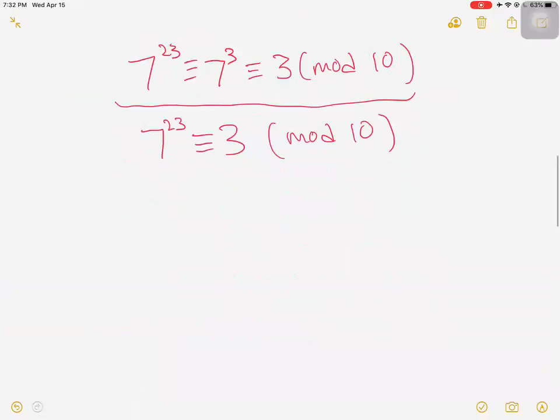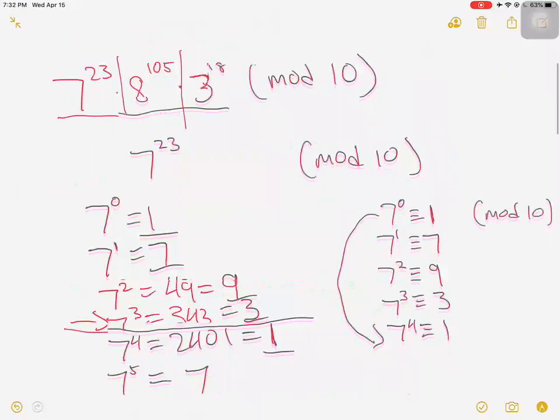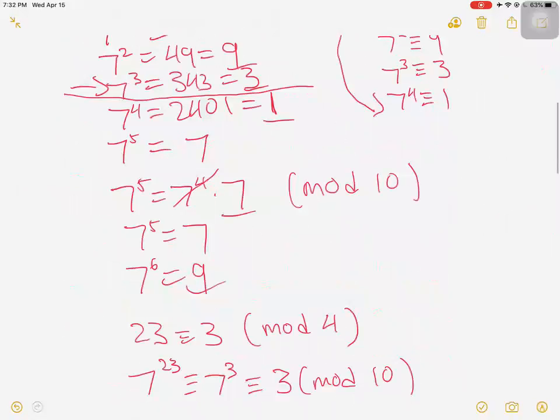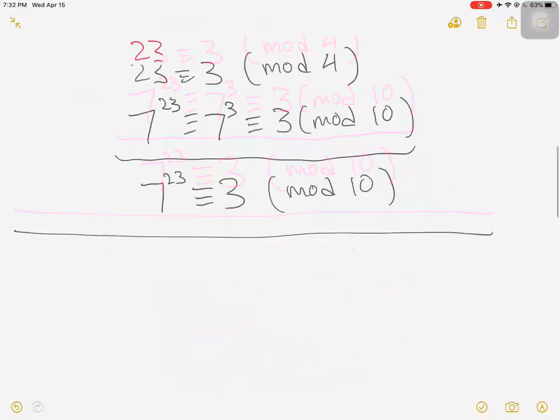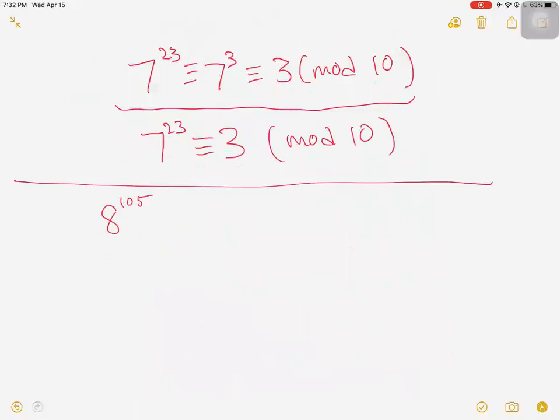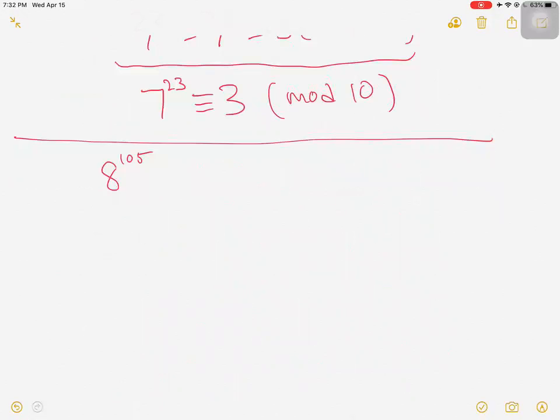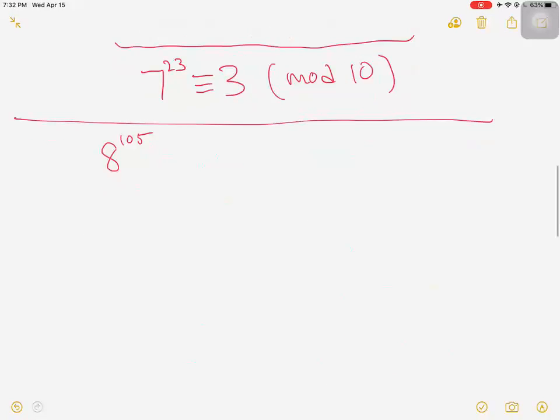So now we work on the 8 to the power of 105. I've told you that all these numbers, like the last digit, form cycles with length 4. So we can just simply look at the first few terms.